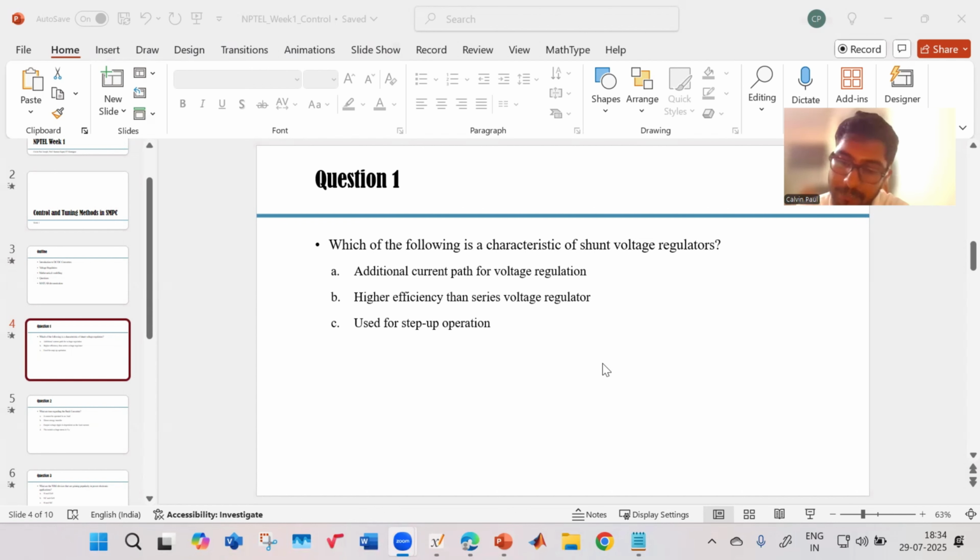And in your NPTEL exam, you usually will have two types of questions. One is like an MCQ, where you will be given 4 options and you have to select the correct one. Similarly, you can have numeric answer type questions, where you are told to solve a sum. They ask, for example, what is the duty ratio required for this converter.